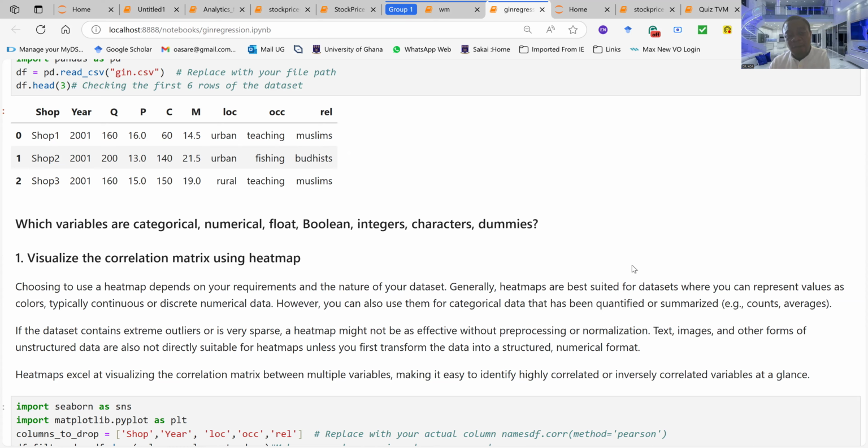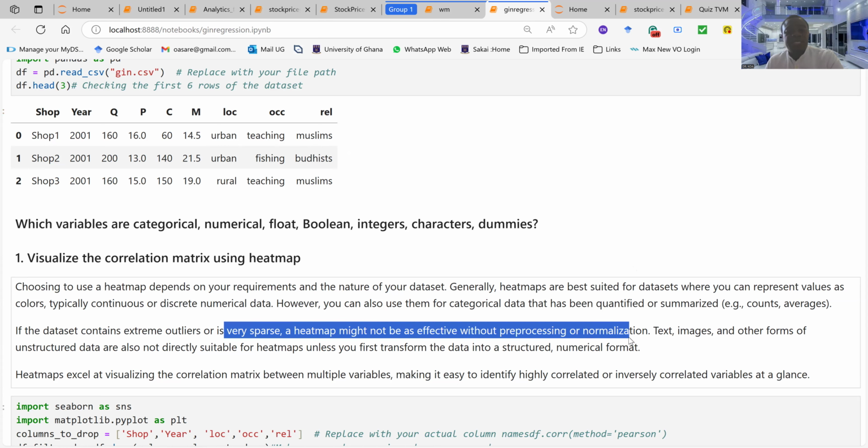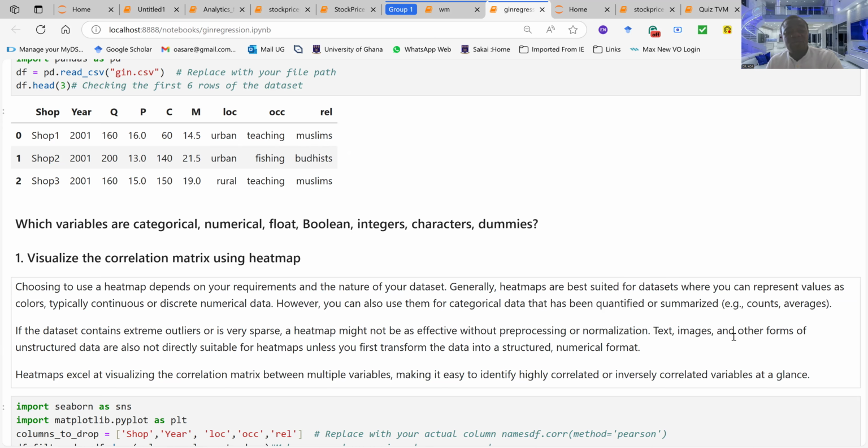Or sometimes even the averages. But if the data set has extreme values, like outliers, or if the data is very sparse, the heat map might not be as effective without pre-processing or normalization. If you are dealing with text, images, and other forms of unstructured data like what we have here, they are not directly suitable for heat maps at all. You don't even have to think about heat maps for such ones.